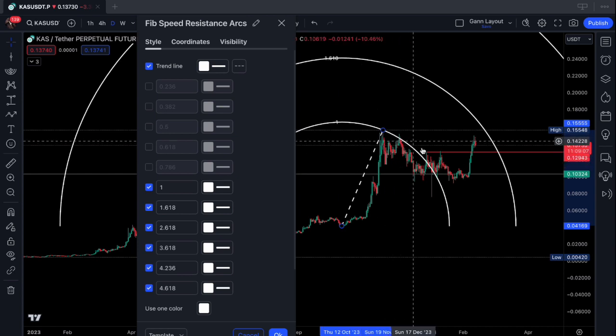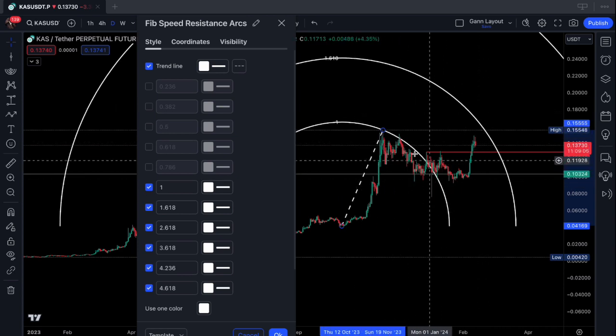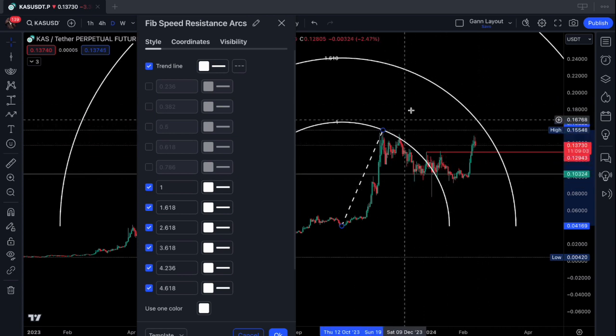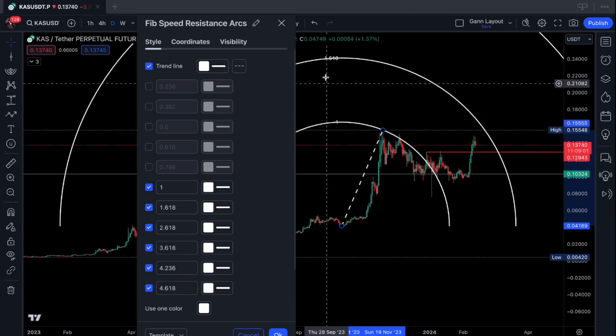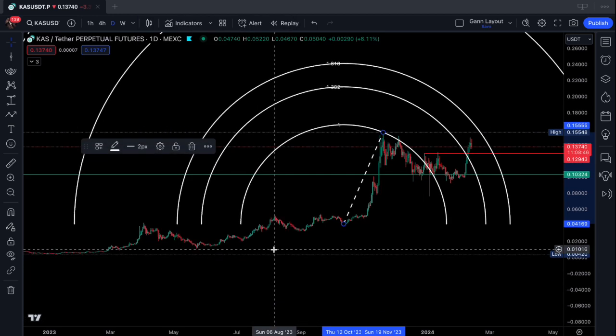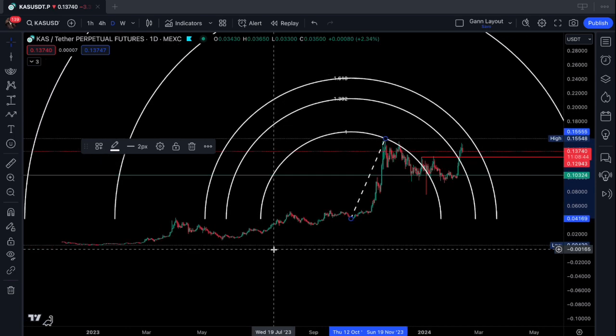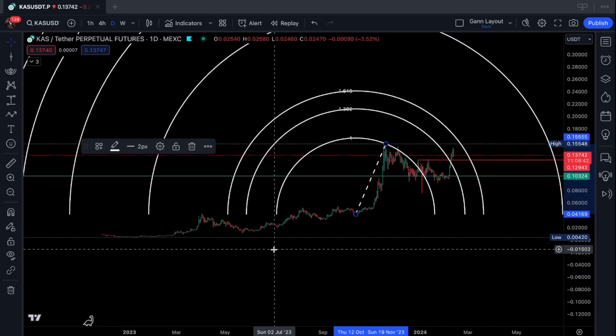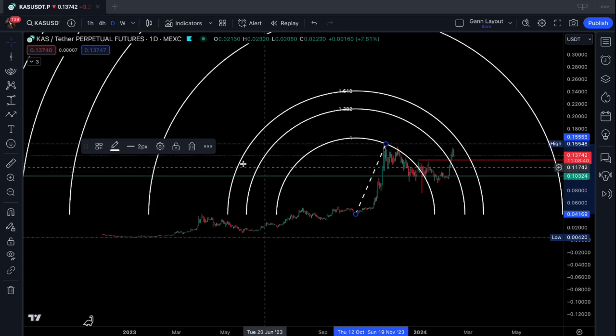Okay, but sometimes you want to check between one arc and another. Let's say between the 1 and the 1.618. What you will do is check the lower values and type 1.382 and see if it fits. Okay, now there is no rule. You use what works best for you and what fits the chart.